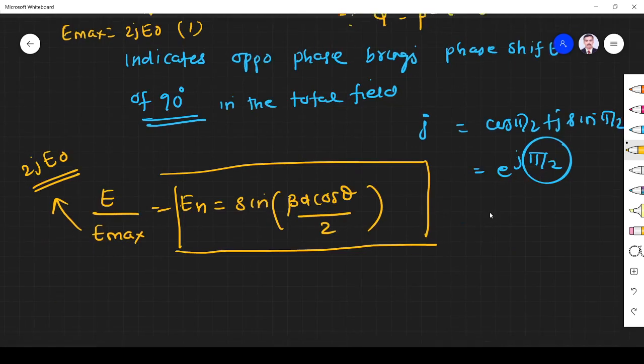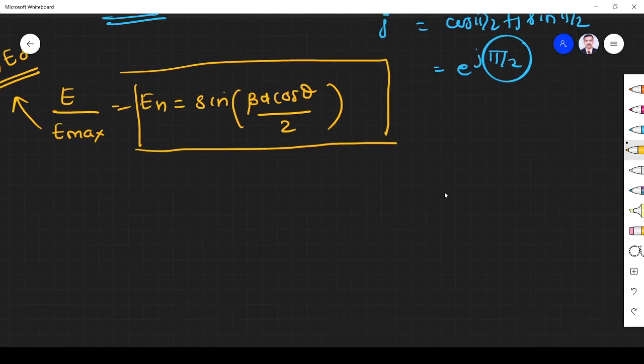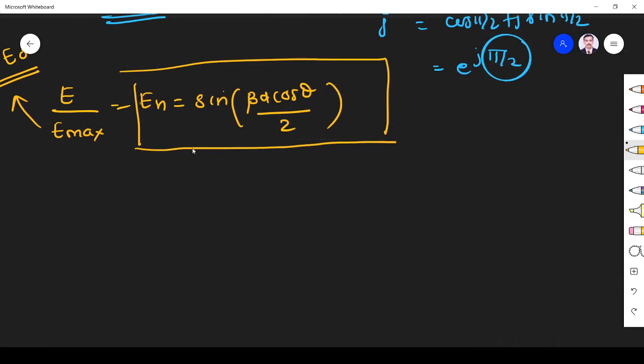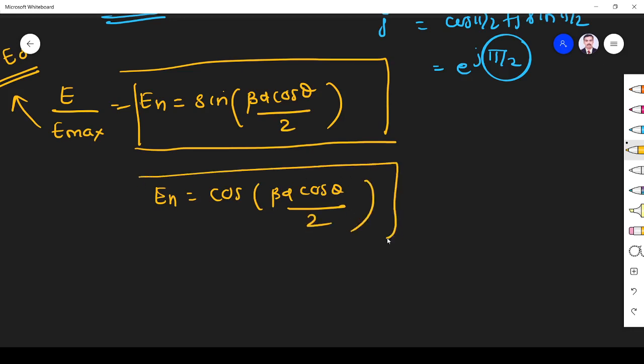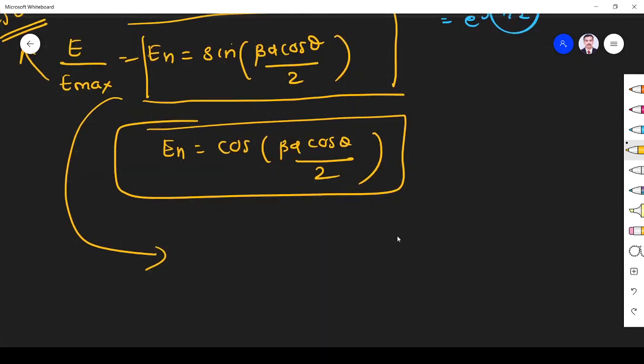Fine. Okay. Now we will find the direction of maximum and minimum radiation. We know for an array of two point sources with the same amplitude and the same phase, we got cos of beta d cos theta by 2. We have already derived this equation, and I put one video for this. Now I will simplify.